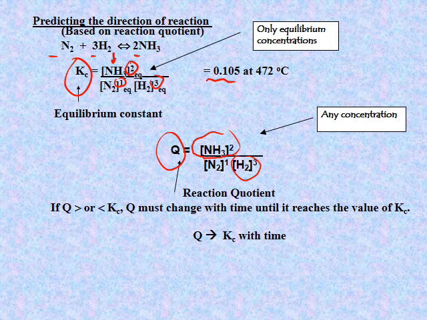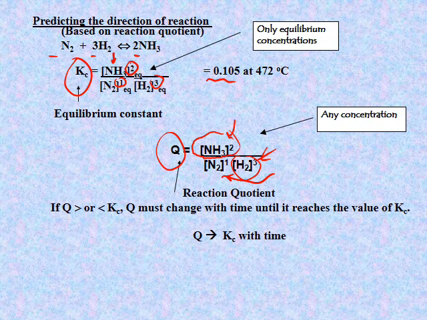Now this is called reaction quotient because this could be any concentrations, not equilibrium concentration. And that's why Q value would change with time. On the other hand, equilibrium constant would not change once equilibrium is reached. However, Q value is going to change from the beginning until it reaches equilibrium.